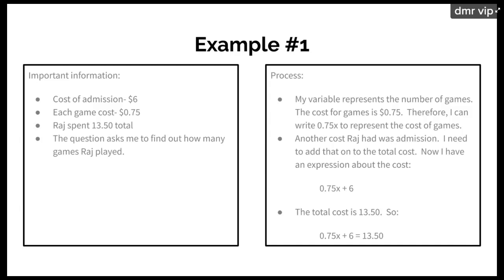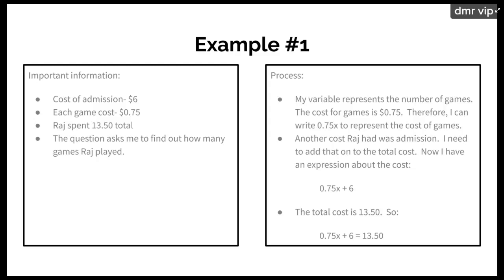Another cost Raj had was admission. I need to add that onto the total cost. Now I have an expression about the cost. So I have 75 cents times the games, and then I have to add on that extra $6 that Raj spent just to get in, because that's part of the money he spent while he was there.